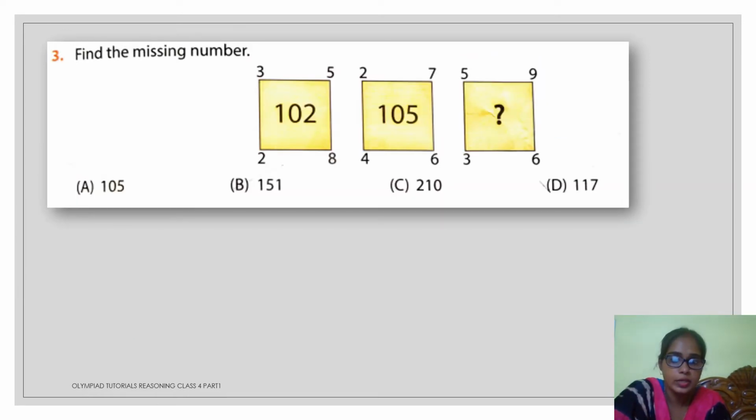This example is quite tricky. Just by observing the numbers, you cannot figure out which kind of operation is used.